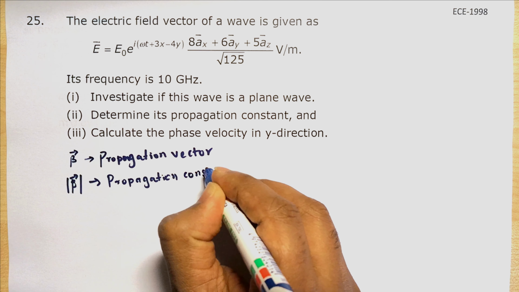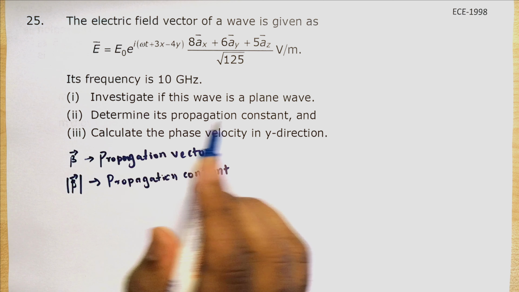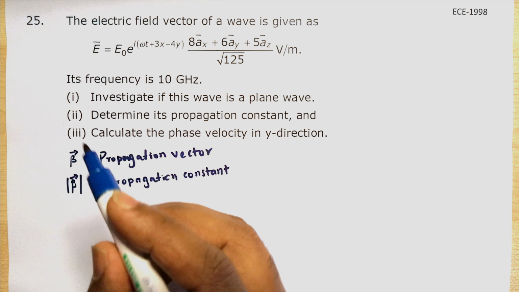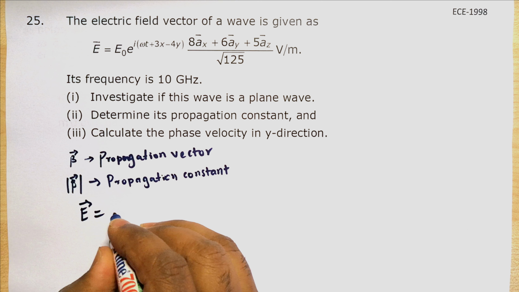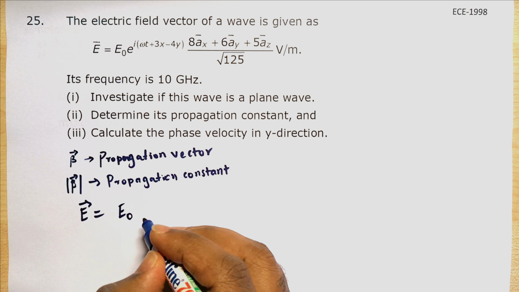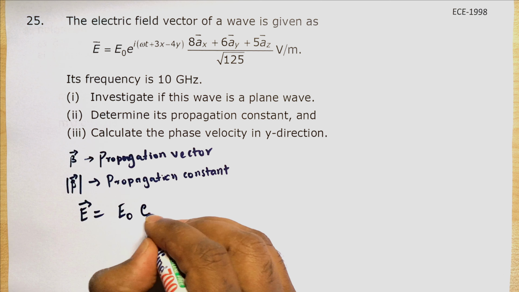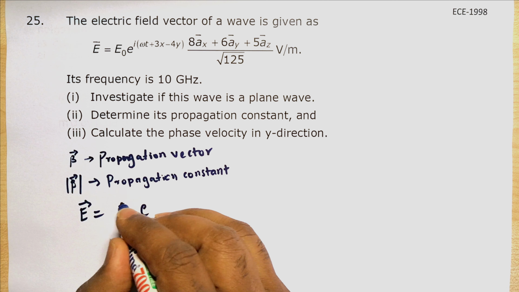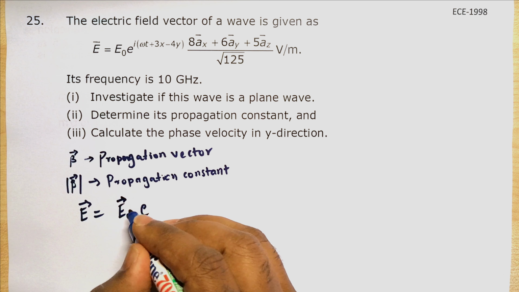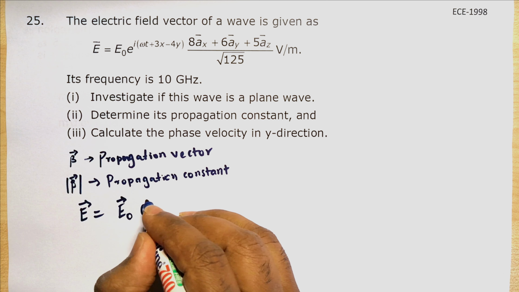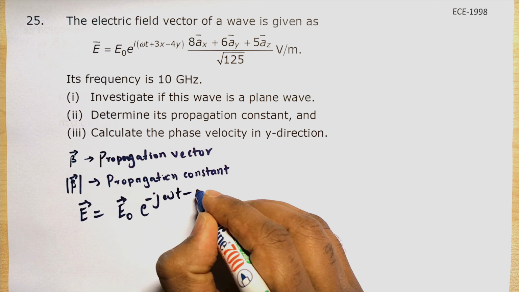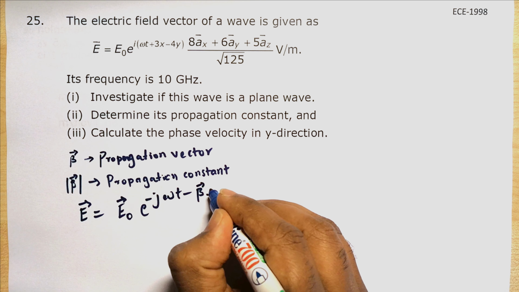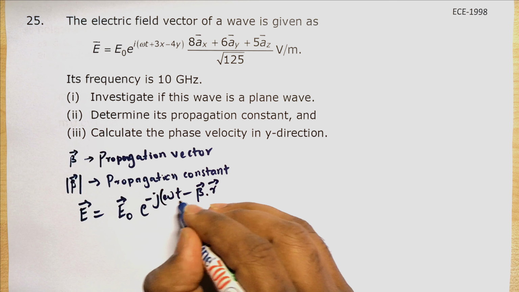The electric field of a plane wave can be expressed like this: E is equal to E naught, where E naught is the electric field vector here, e raised to minus j omega t minus the propagation vector dot the r vector.